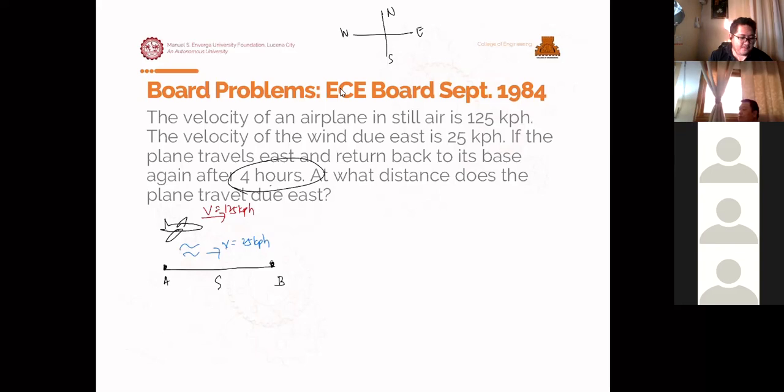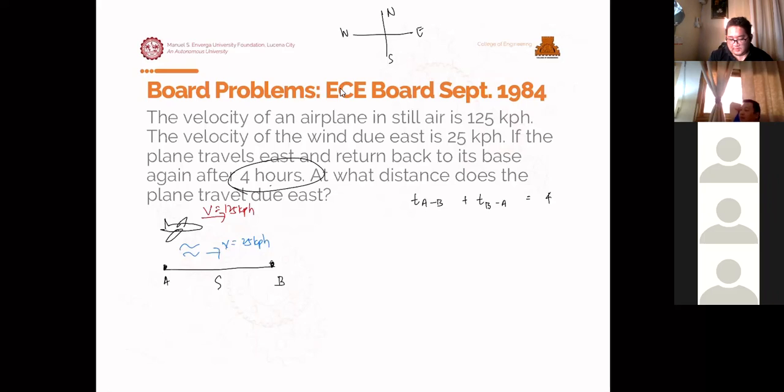So, ibig sabihin, kailangan natin kunin yung T, A to B, add natin yung sa time to get from B to A, equals yan dun sa 4 hours na given sa atin. So, yan yung pinakaunang equation natin. Okay? So, all we need to do is to get yung T, A to B, tsaka T, B to A.